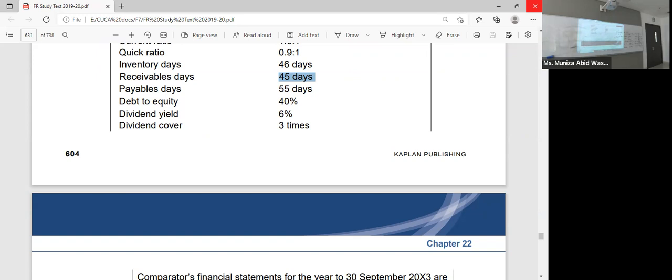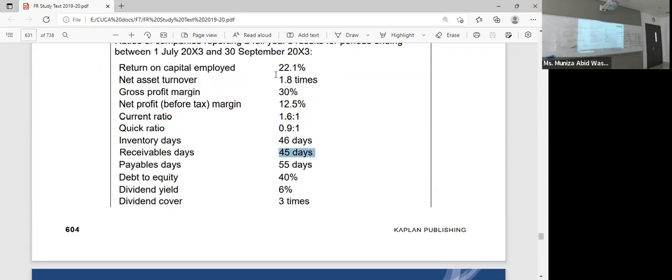On the other hand, we have to see the profitability ratio as well. When we calculated the gross profit margin, what was our answer? It was lesser than 30%. Is it? It means that the organization is not overtrading. If your gross profit margin is increasing, one reason could be that the organization is overtrading.